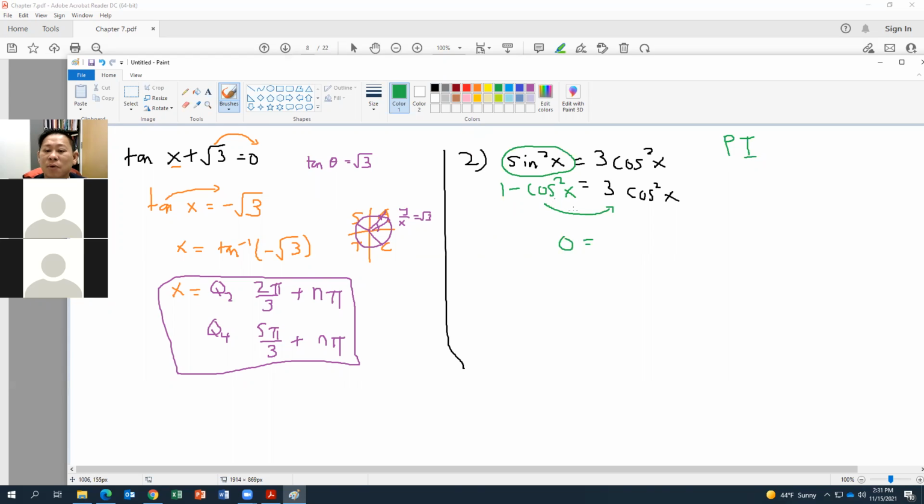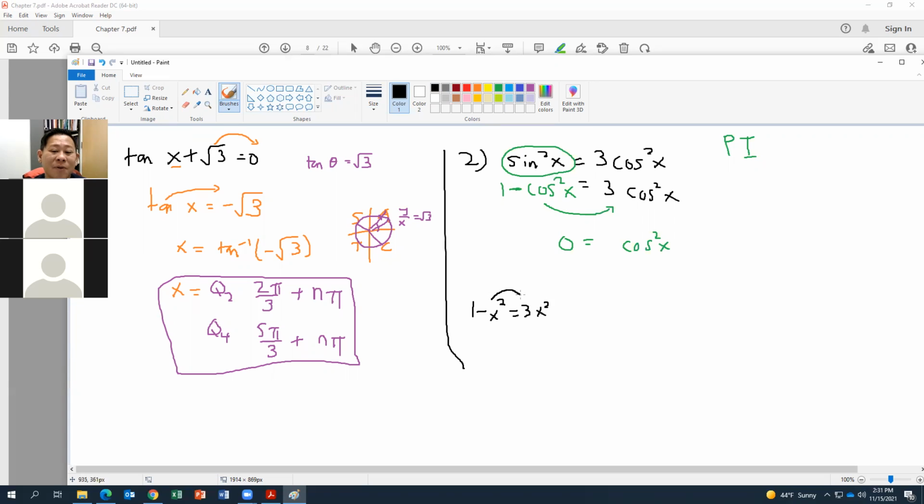So when you move this, how many cosine square x do we have? Two. No, forget it, this is negative. No, this is the same thing as 1 minus x squared equals 3x squared.